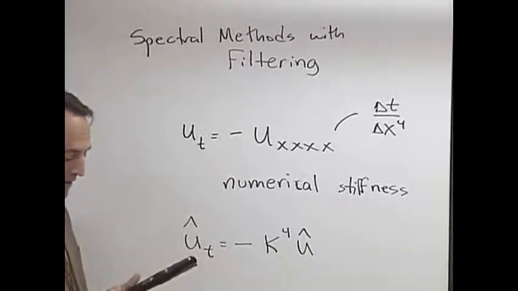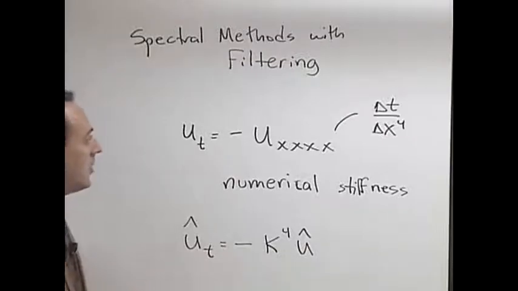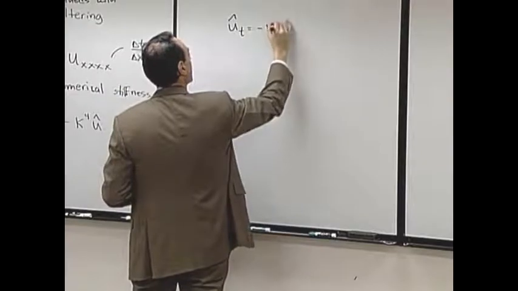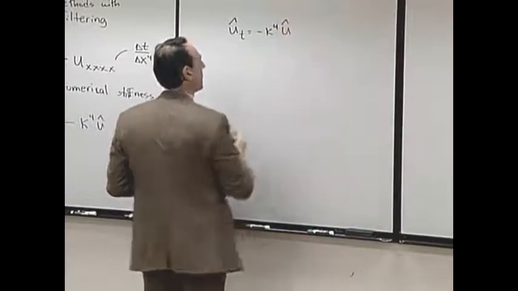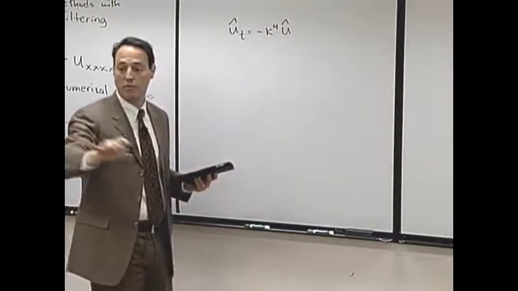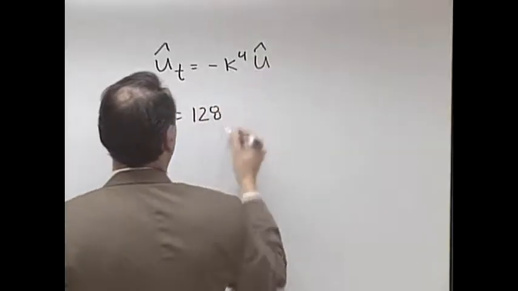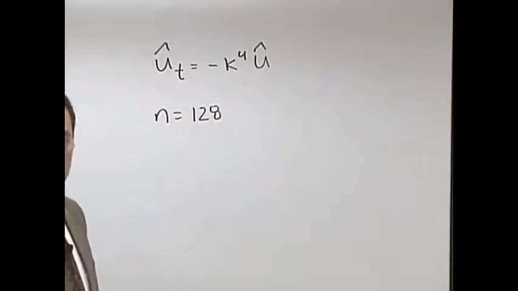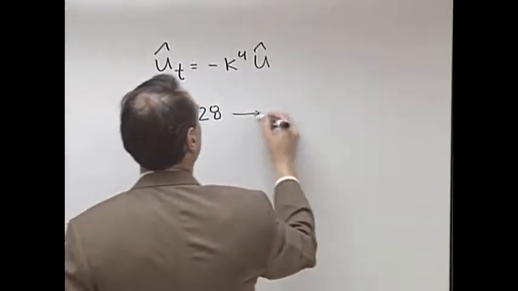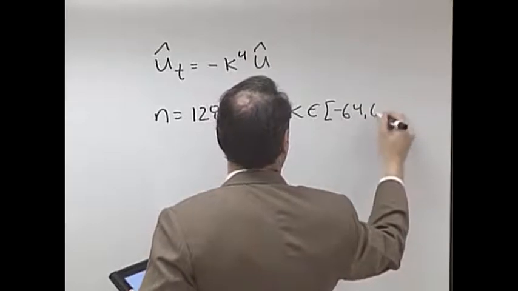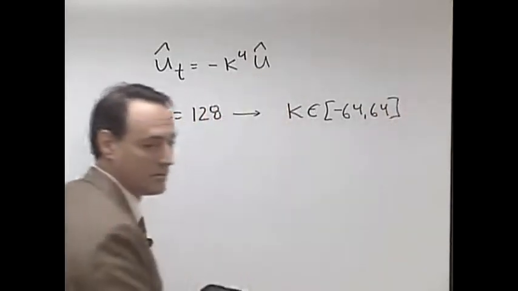Where does numerical stiffness come in here? Well, let's take a look at this thing. You're going to say, for instance, let's break this up into 128 Fourier modes. If I put this thing on a grid with 128 points, then my k values are going from negative 64 to 64.